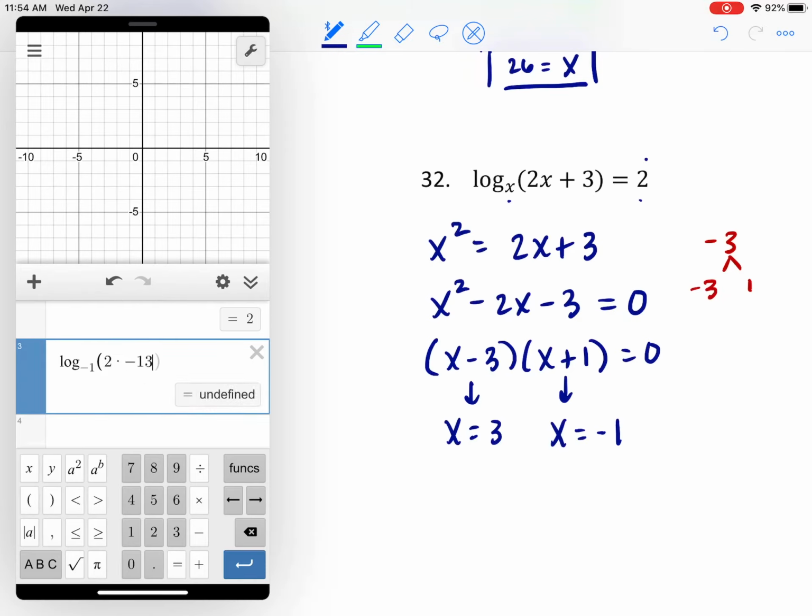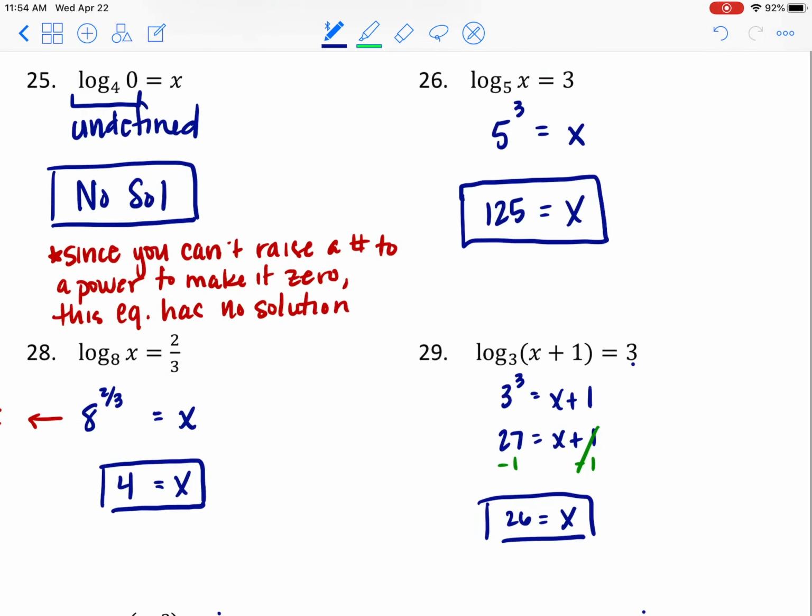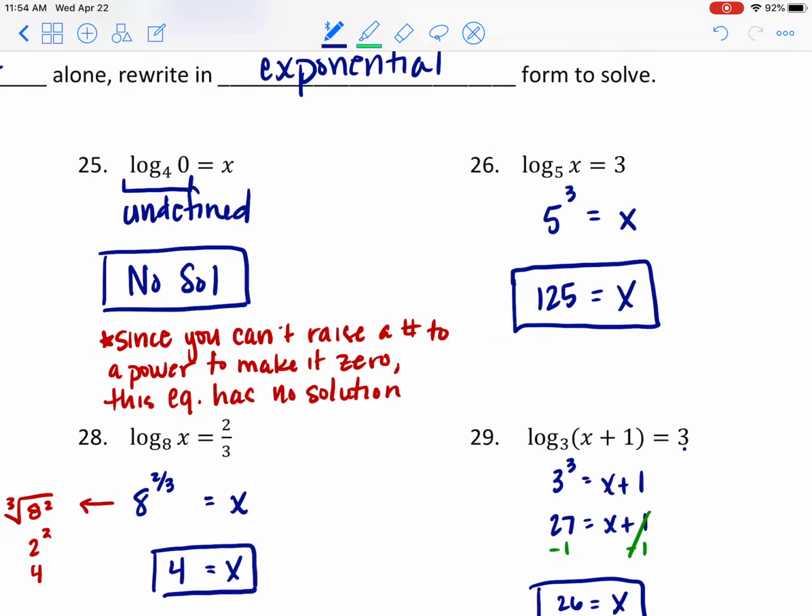And then if I try that again, if I put in the log base -1 of 2 times -1 plus 3, it's going to say it's undefined. So -1 as a base of a log is no good, and it has to do with our exponentials not being able to make 0.